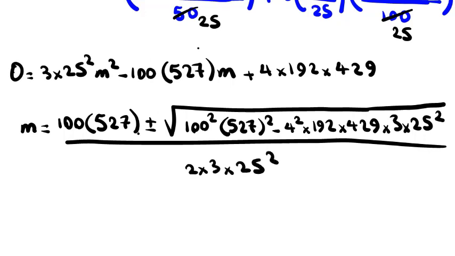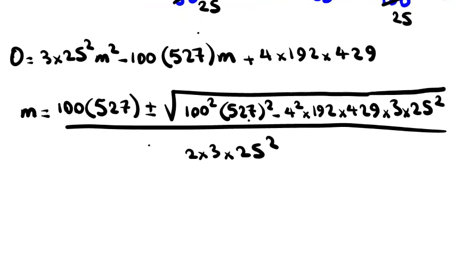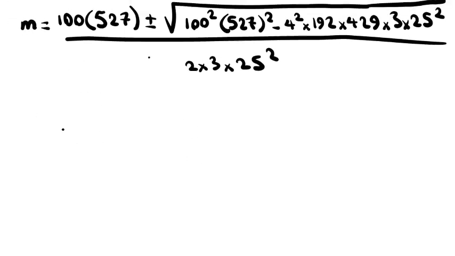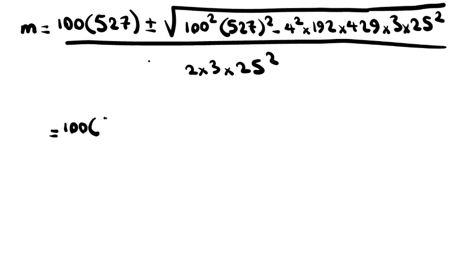Okay, now we factor out the square here. You can say it equals 100, 527, and then plus minus.